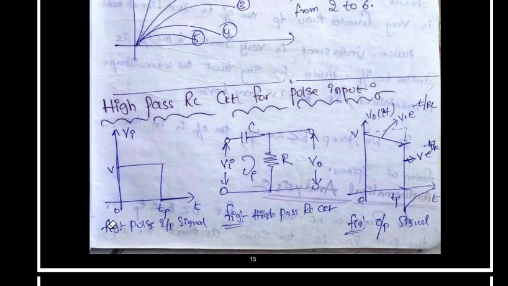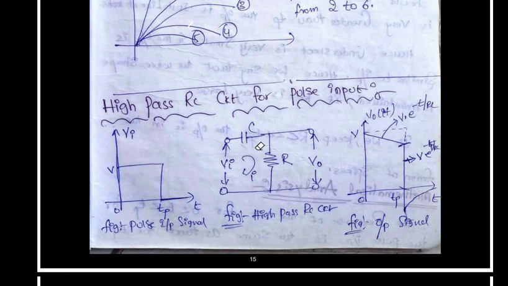Now coming to the third case, that is from 0 to Tp, the input signal has constant positive amplitude. If we apply this signal to the circuit, because of the constant input signal, the capacitor goes into charging condition. That means the voltage across the capacitor increases exponentially.